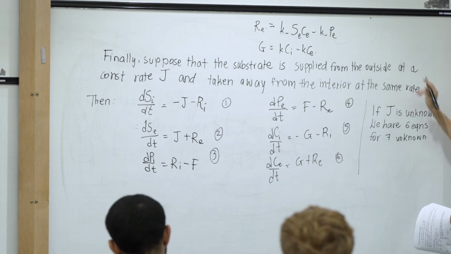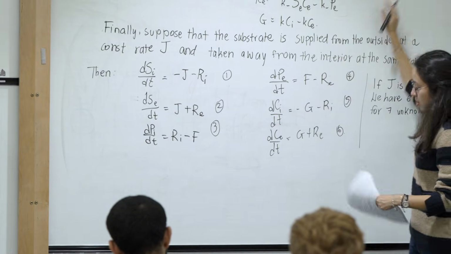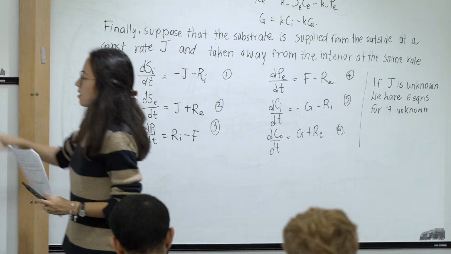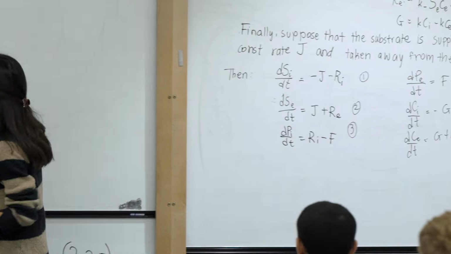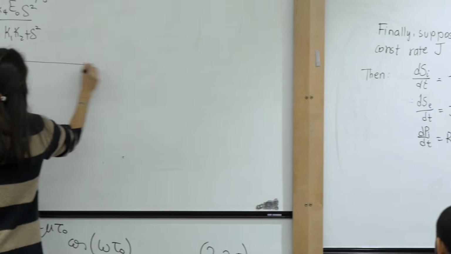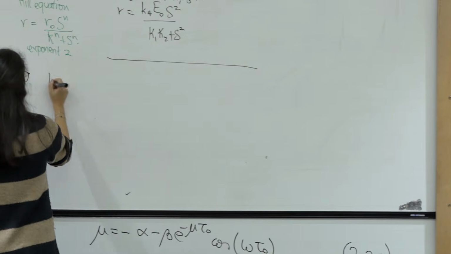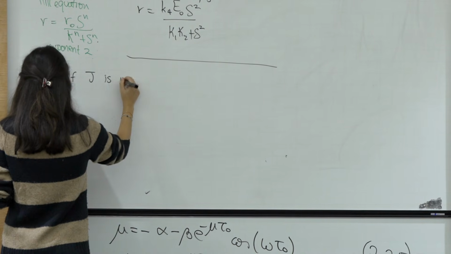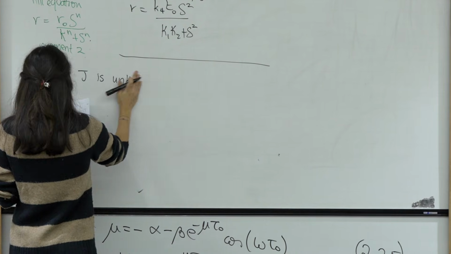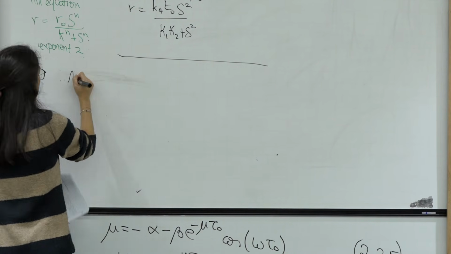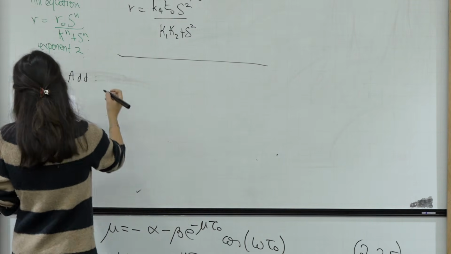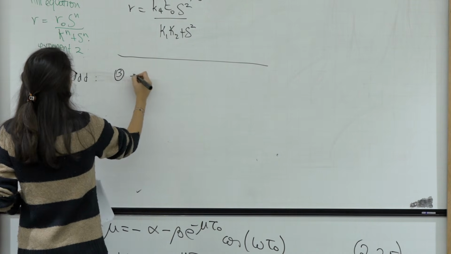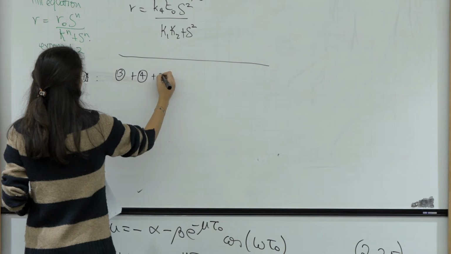But notice that you can do the following. So if J is unknown, we are going to add the following equations. I'm going to take 3, 4, 5, and 6.